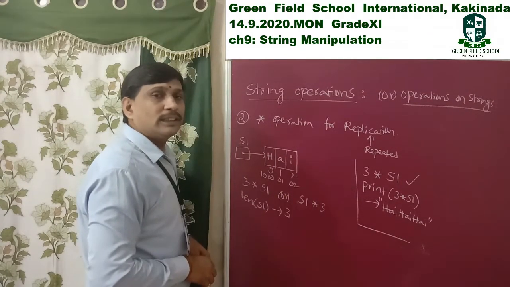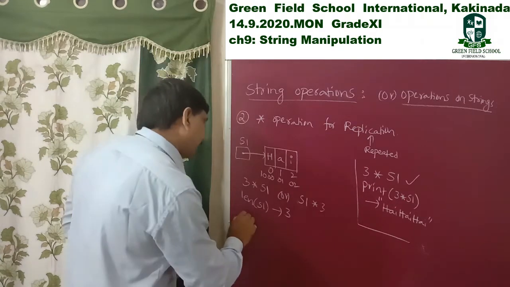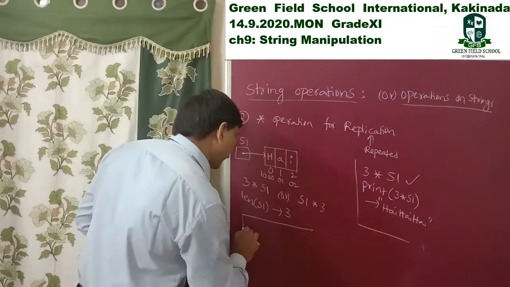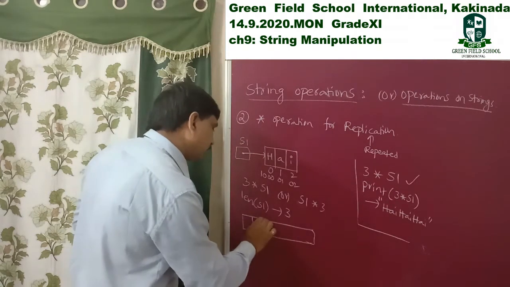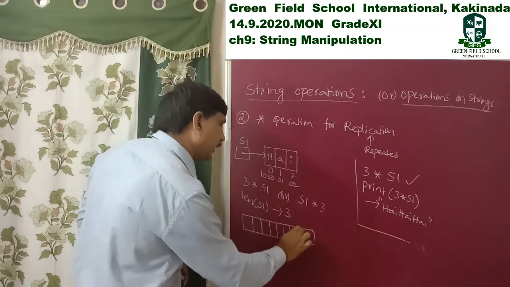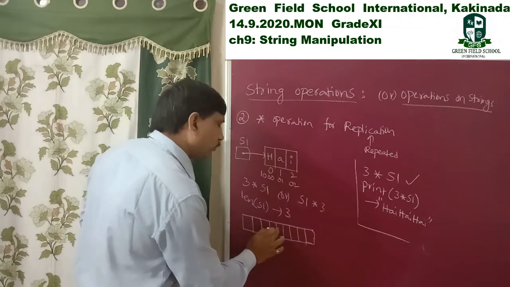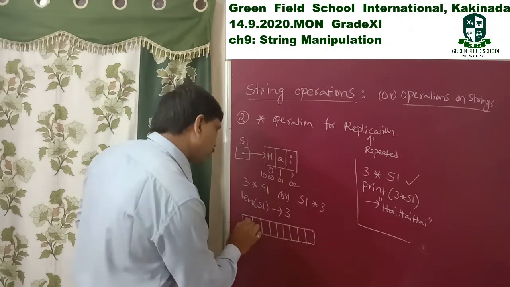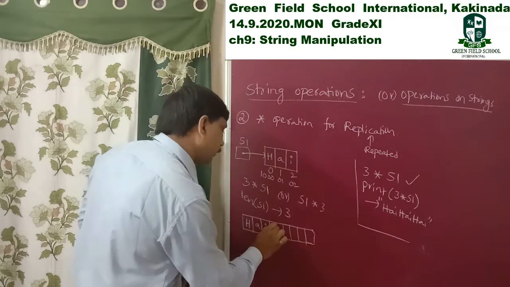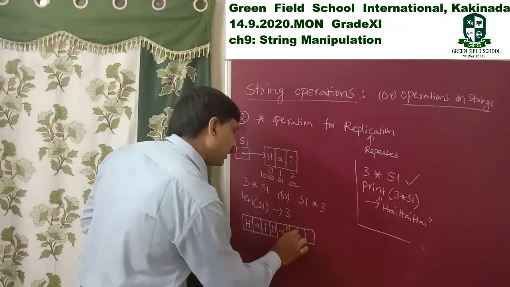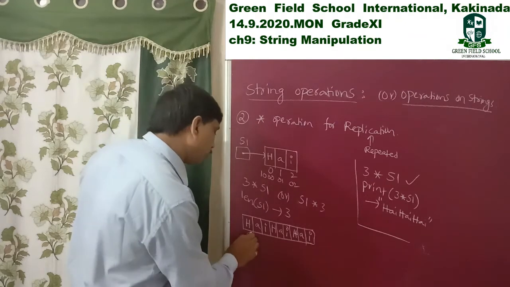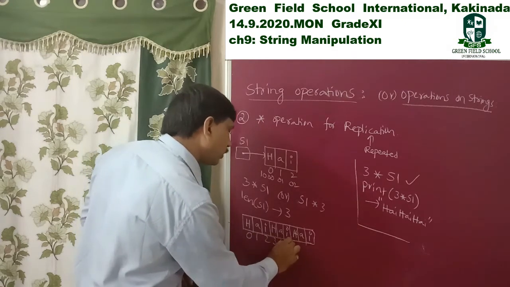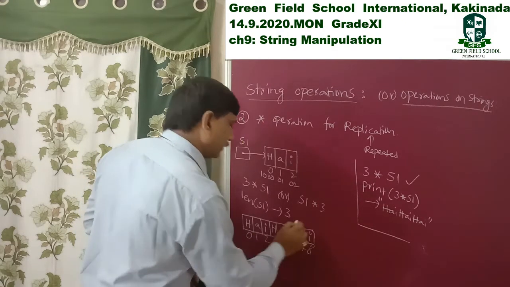So 3 into 3 is 9 characters. Then it allocates a total of 9 in memory. So it creates a new string. Total how many characters are there? 1, 2, 3, 4, 5, 6, 7, 8, 9. So it displays hi, one more time hi, one more time hi. Understood my point? So 0, 1, 2, 3, 4, 5, 6, 7, 8.